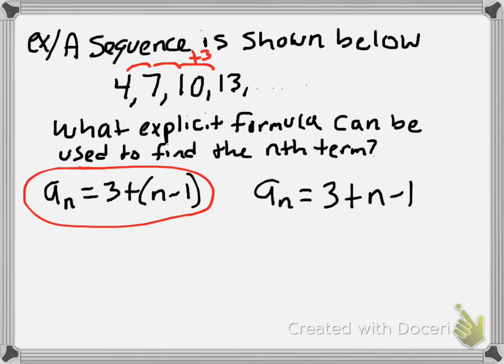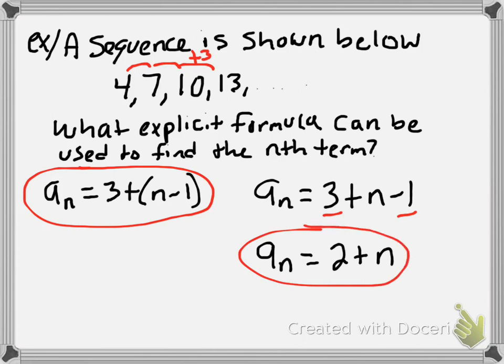And what they'll do sometimes is they'll do that, and then they'll just combine the like terms. So your exam question could have looked like A of n equals, well, 3 minus 1 is 2. These two are actually exactly the same thing.